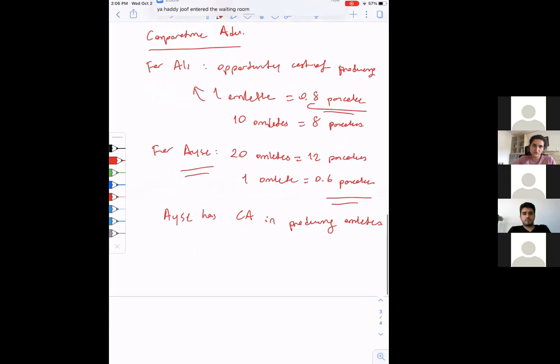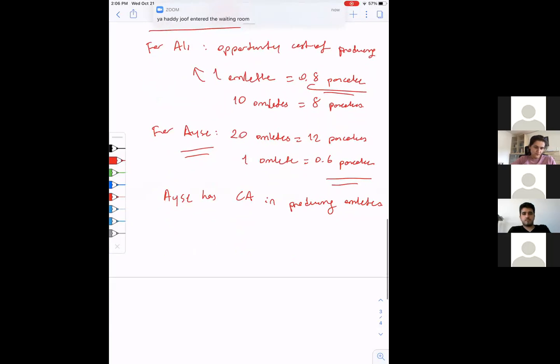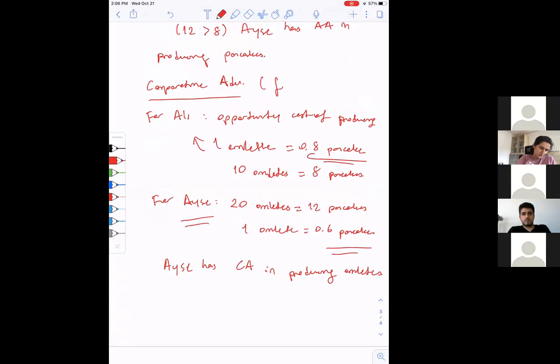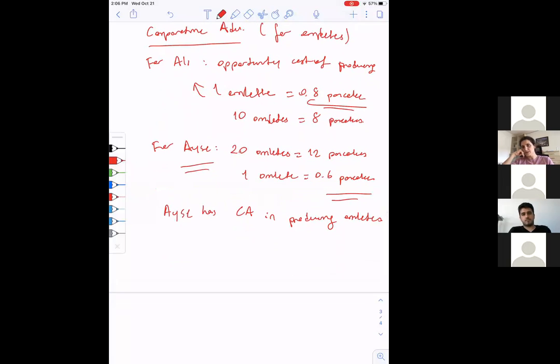Okay, so this is, let's say, comparative advantage for omelet we looked at. Okay, so you need to look at one by one. Right, so for each good you need to check which person has the comparative advantage.